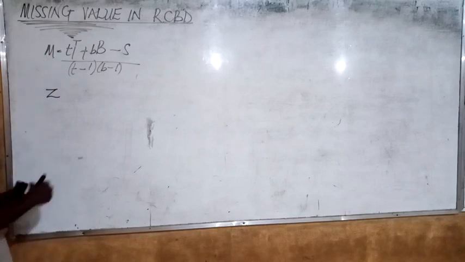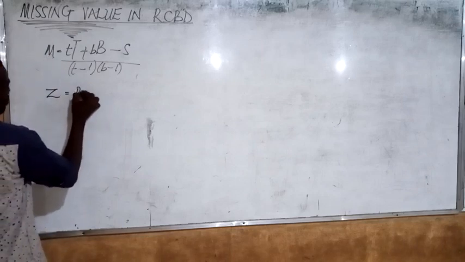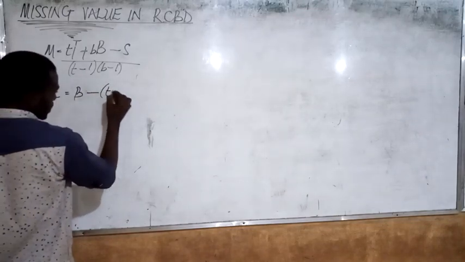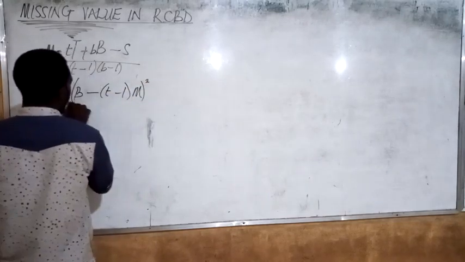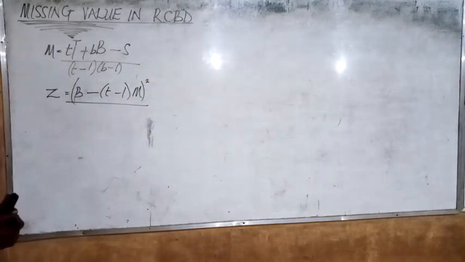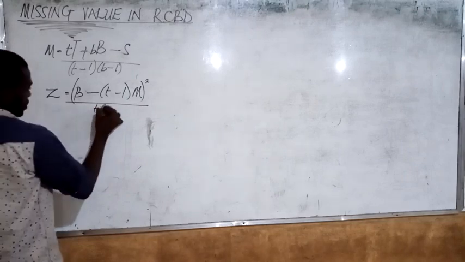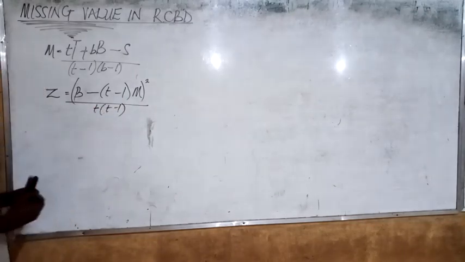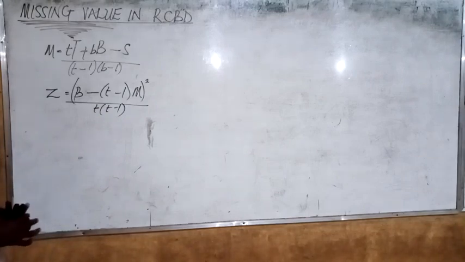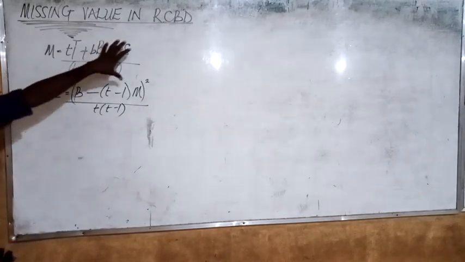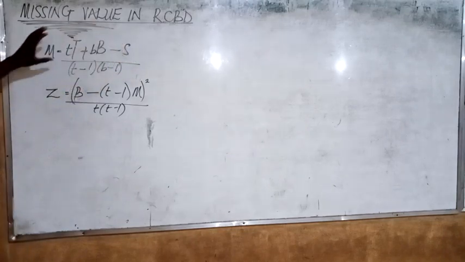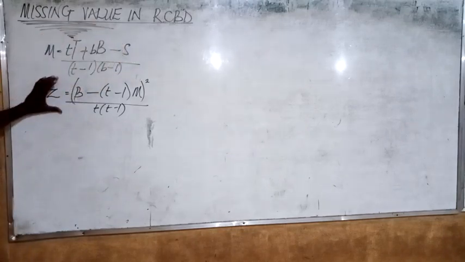So we use this formula: b minus t minus 1 then m, all squared, over our degree of freedom total, so t into bracket t minus 1. You see that? It's quite simple. You have to just master this formula. We are just trying to estimate a value here, and then because the value might not be exactly correct, we correct the possible bias in using this.